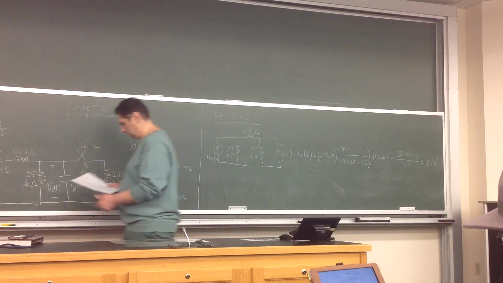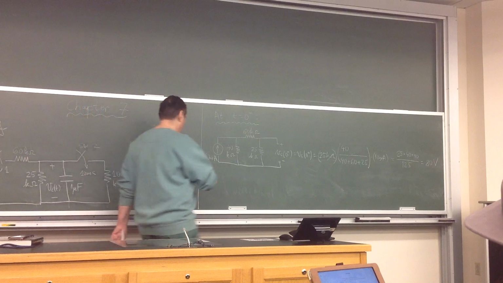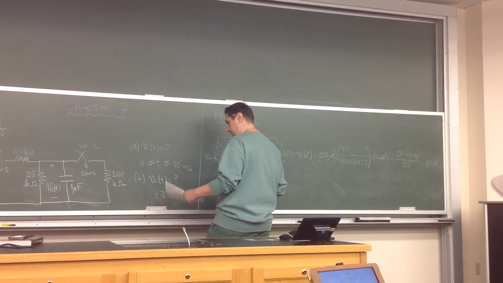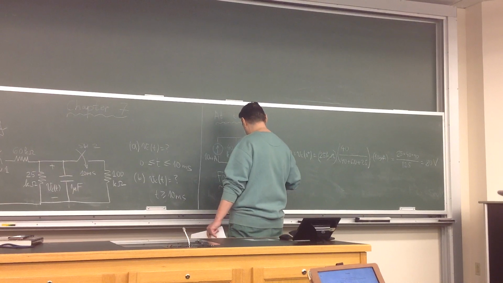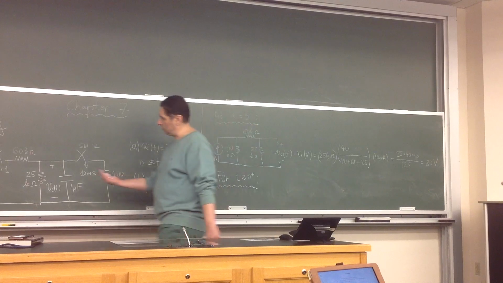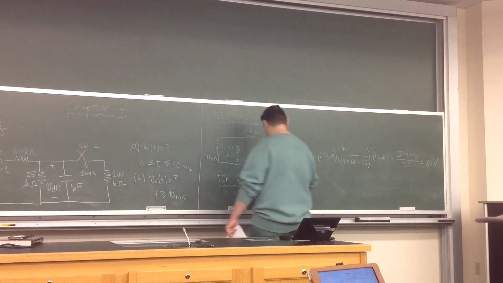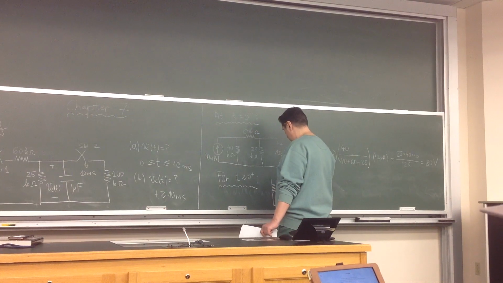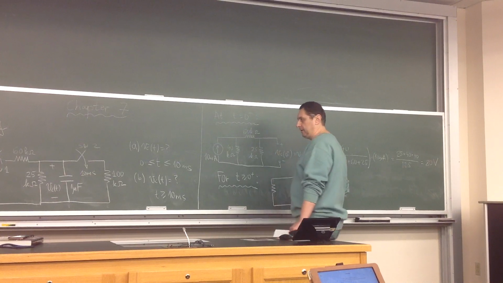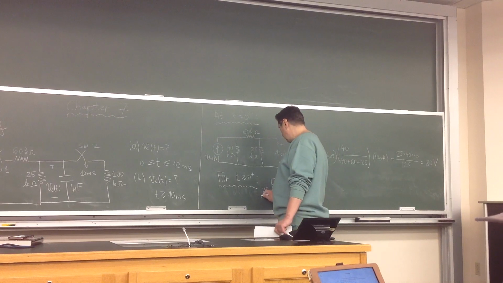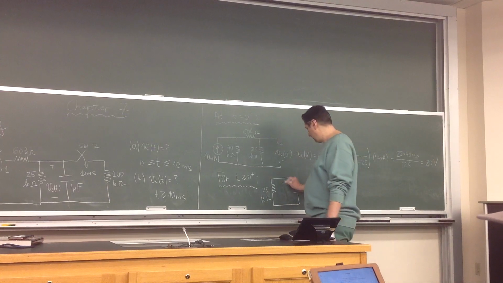Right? So now the switch moves. For t equals 0 plus, switch one opens up, and then you're going to have a circuit like this for 10 milliseconds. You have the 25 kilo ohms and 1 microfarad, with plus minus VC of t.